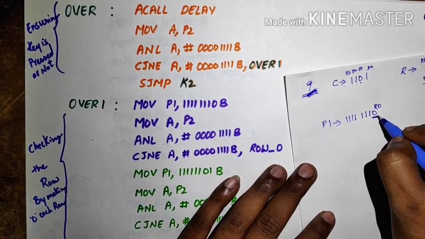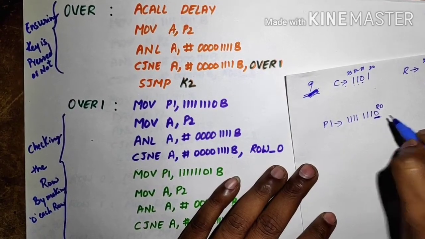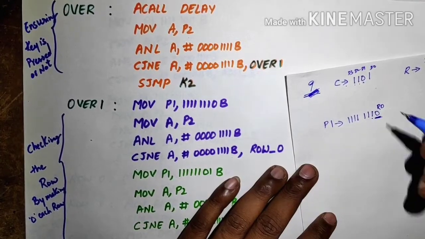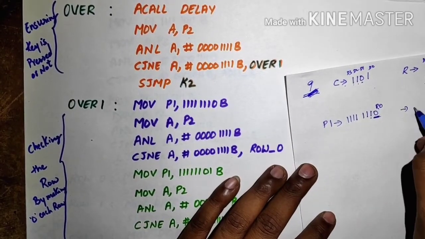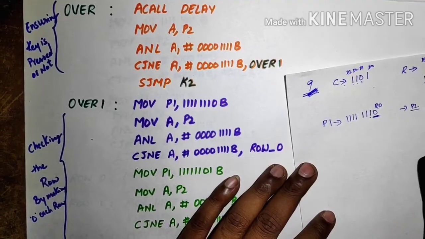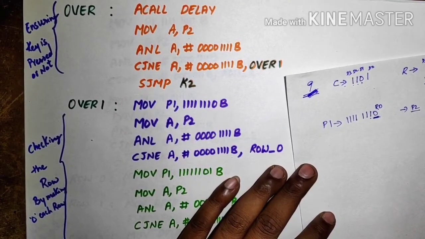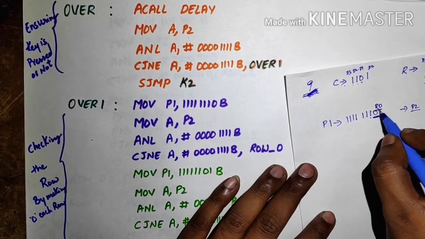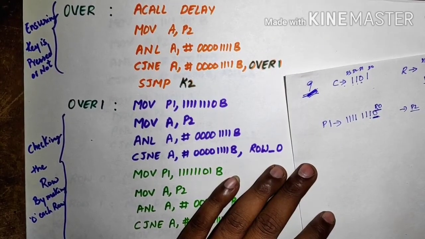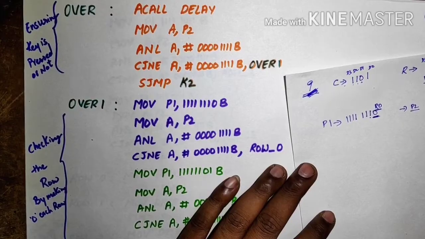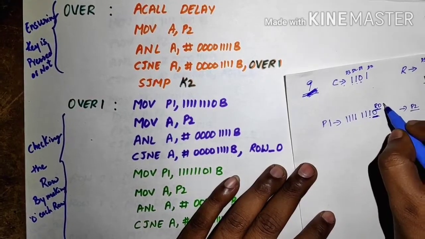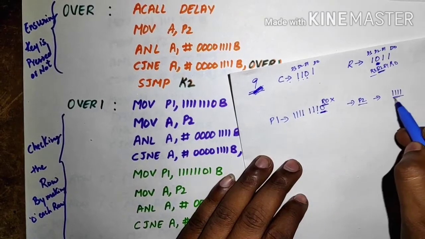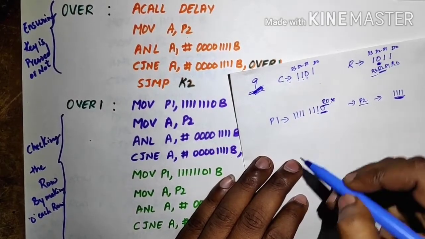This is the process we have done earlier. Then we read the value of P2. If there is a change in columns, that particular key belongs to R0. If there is no change in the columns, it doesn't belong to row 0.